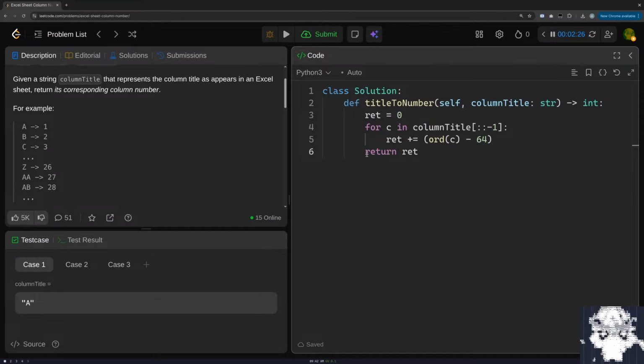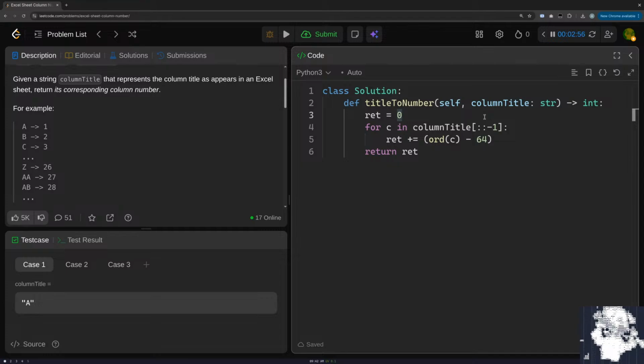But then we just have to make sure that each subsequent one adds an extra 26. Because when you're the second A, you're 26 instead of 1. You add 26 instead of 1.